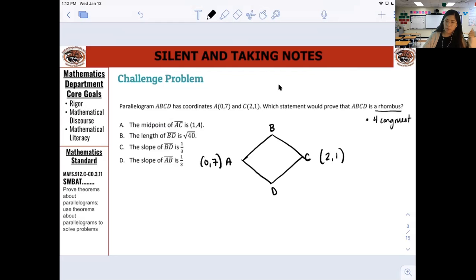Those are my most important ones, I think. 4 congruent sides, perpendicular diagonals. Well, if this is all the information I have so far, what can I figure out about this rhombus?